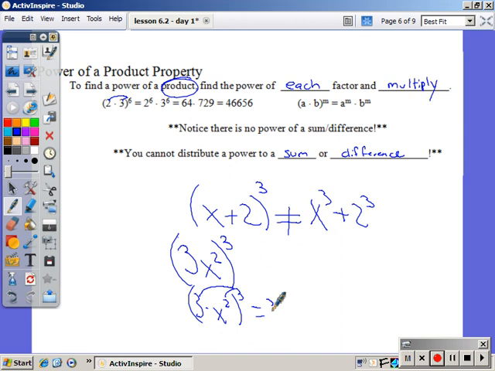So I would have 3 to the third times x to the, well wait, the x already has an exponent on it. What do I do between the 2 and the 3? Well, this is really x squared to the third. Look back at the last property that we discovered. We said when you have the power of a power, this means I have 3 copies of x squared. And then each x squared is 2 copies.